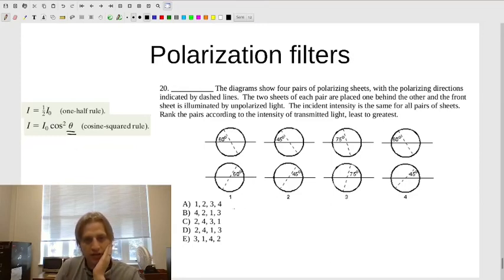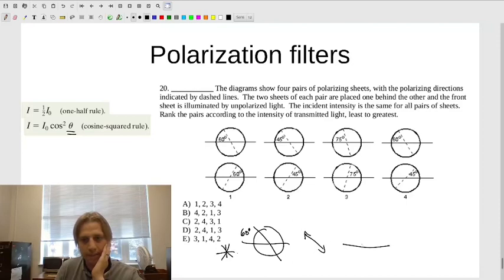So for instance, in this first case, if I have the first one at 60 degrees back here, and my second one, then my unpolarized light comes through, it becomes polarized along this direction, and then my secondary polarizer is over here.